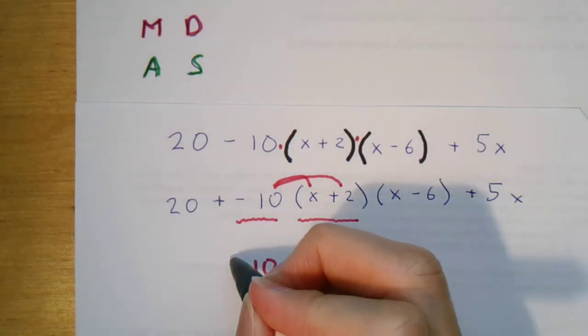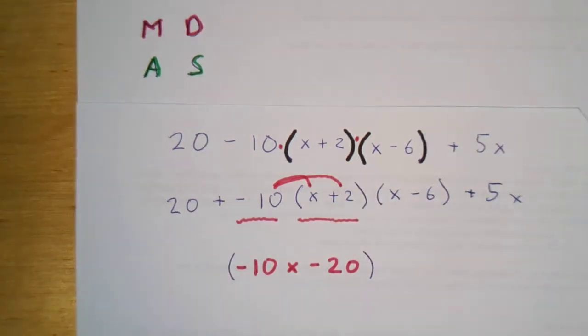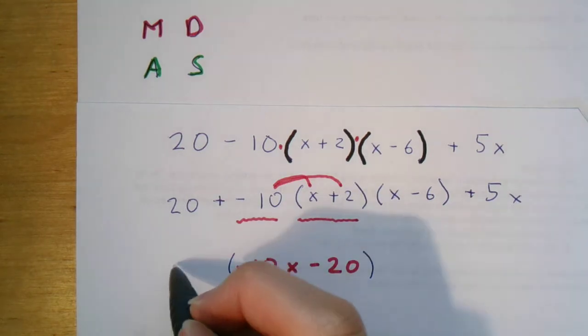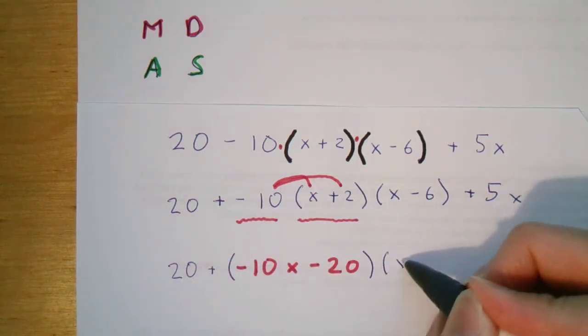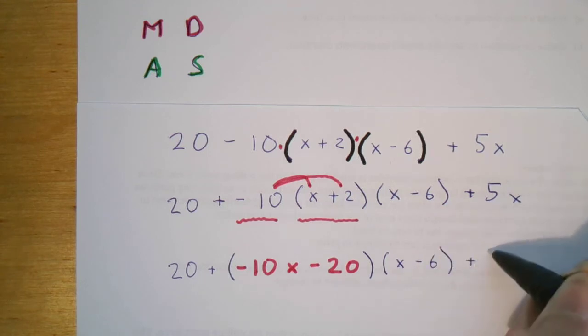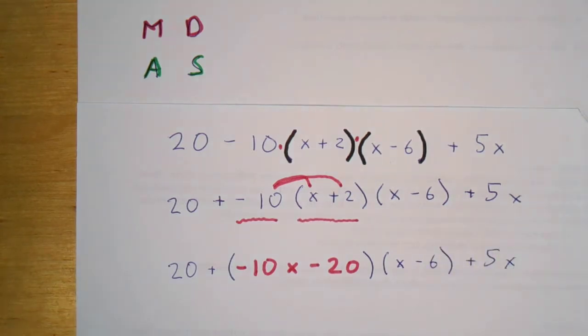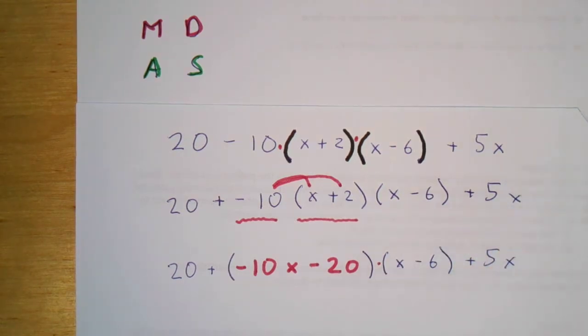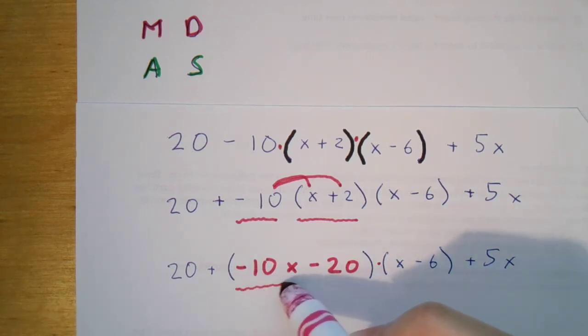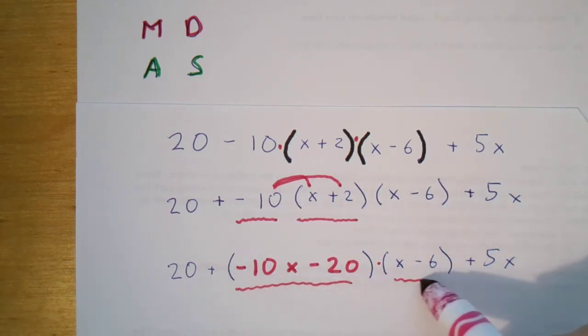I'll write my results in a parentheses. And let's write everything that I did not use. Okay. I still have this multiply sign that is right there. So I'm going to multiply this term by this term.